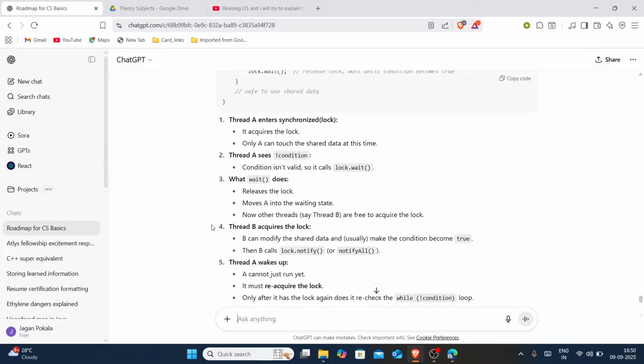Thread P acquires the lock. We can modify the shared data. Condition becomes true.